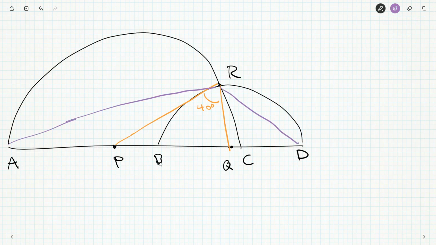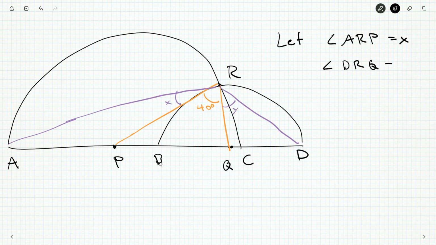Now PQ is sitting in there right in the middle, so I am really tempted to say, let this be X and this be Y and see if we can figure something out. The pictures and the lines are getting quite involved, but I'm definitely going to start off by saying, let ARP be X and DRQ be Y.